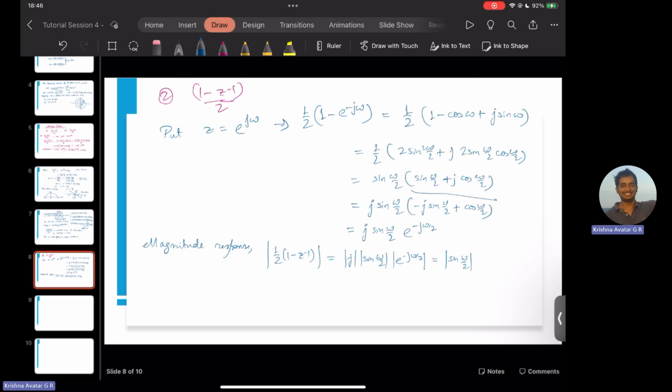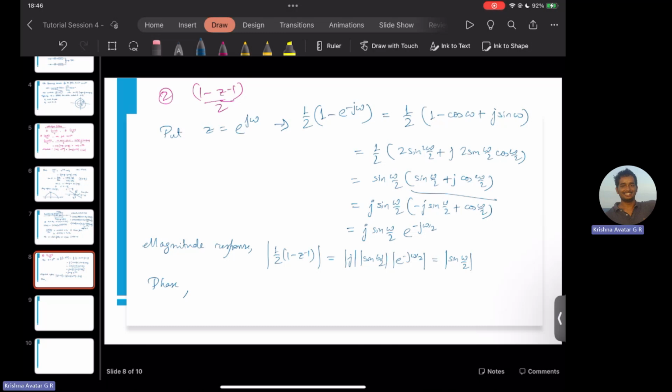So this is how it will look like. And how about the response? I mean, the phase angle or phase say. So it's going to be angle.